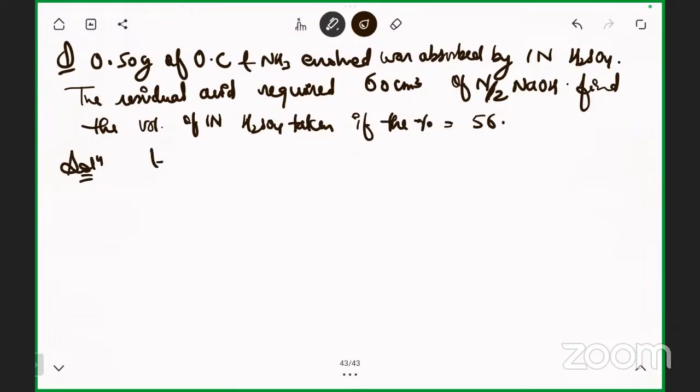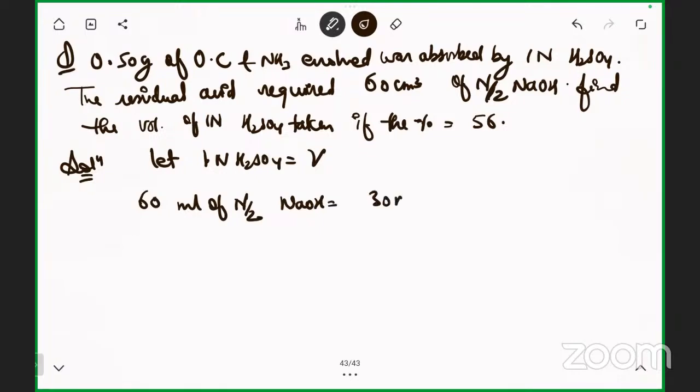So let the 1N H2SO4 volume be V. And we know that 60 cm³, or you can write 60 ml, of N/2 NaOH is equal to 30 ml of 1N NaOH.